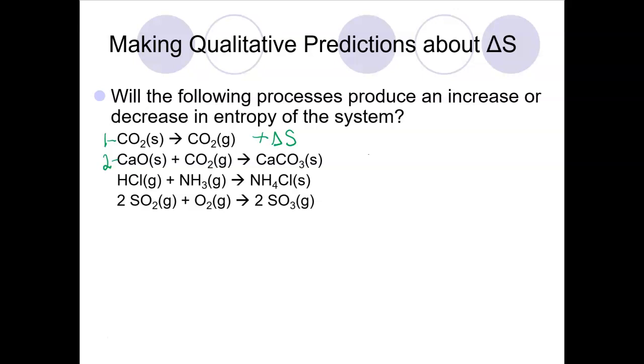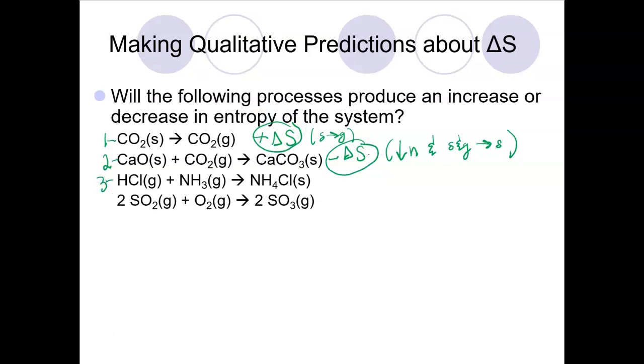There's 1 calcium oxide and 1 carbon dioxide at the beginning. And at the end, there's only 1 mole of calcium carbonate. So both of those things are telling me that it's going to be less disordered because we have fewer moles and we went from solid and gas to just solid. And the previous one was because of solid to gas. Okay, so this one would be a negative and the first one would be a positive.